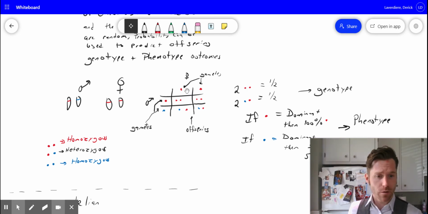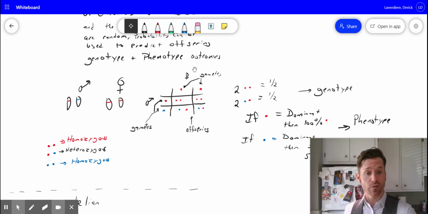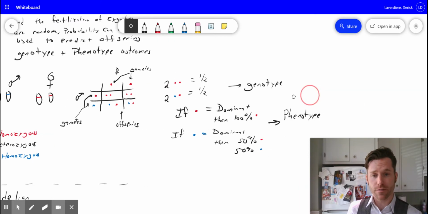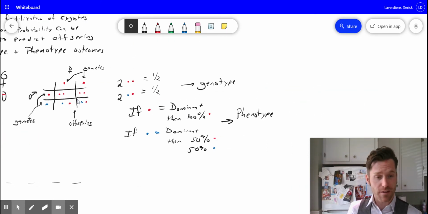From the mom, there was only red, so it's a 100% chance this baby's getting red from the mom. And then we use this Punnett Square, which is a tool of probability prediction, to figure out how many of our babies will have how many genotypes. Looking at the genotypes of the offspring in this Punnett Square, I have two offspring that are going to be homozygous red.